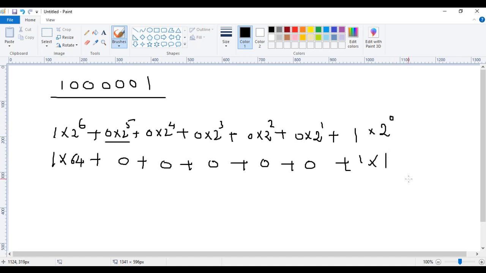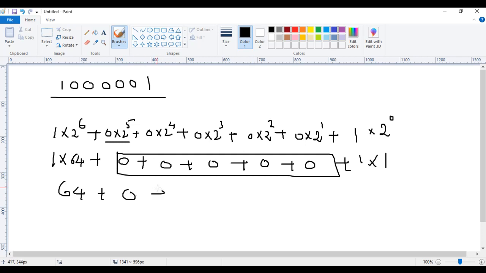Anything raised to the power of 0 is 1, guys. 64 into 1 is 64, plus 0, plus 1 multiplied by 1 is 1. 64 plus 1 is 65, guys.